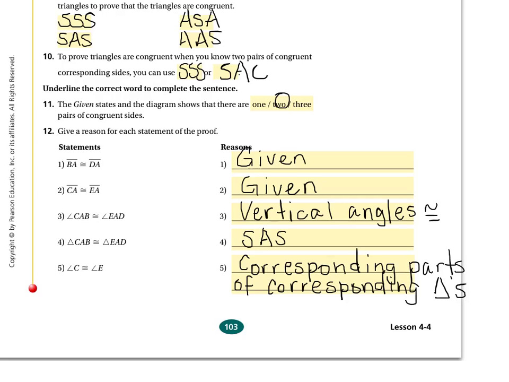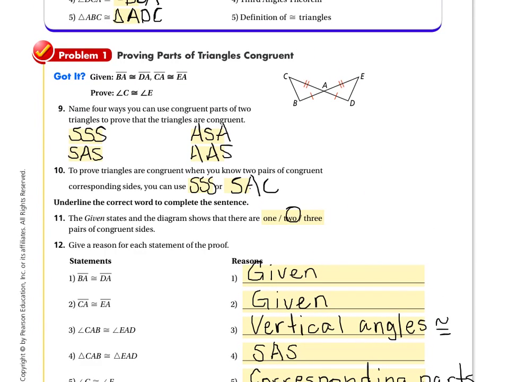Also, angle CAB and angle EAD, these angles right here, are vertical angles.